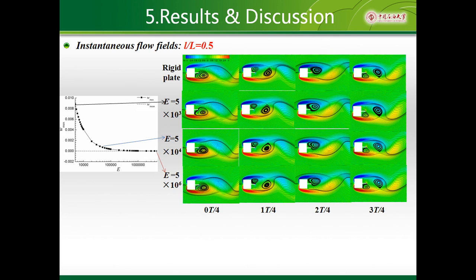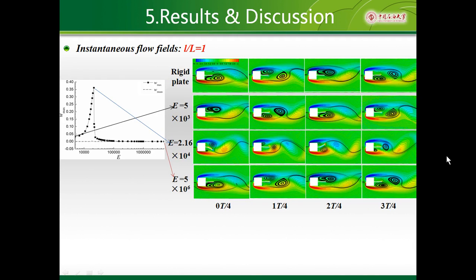Because flow-induced vibration of the flexible plate is very weak in this case, the flow field around the cylinder with a flexible plate is very similar to that with a rigid plate. At a plate length of 1, however, the case is different.